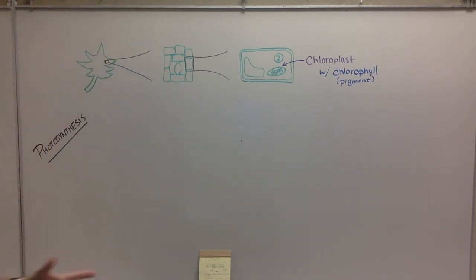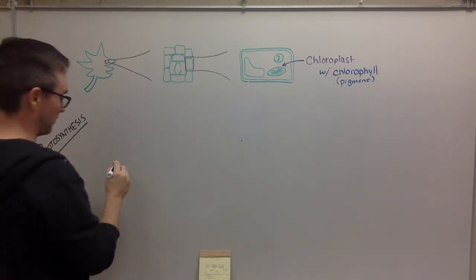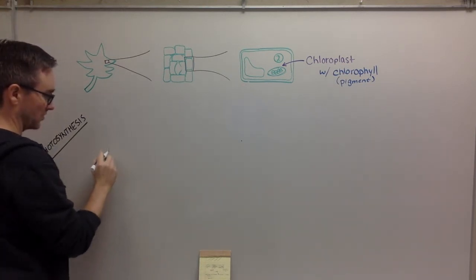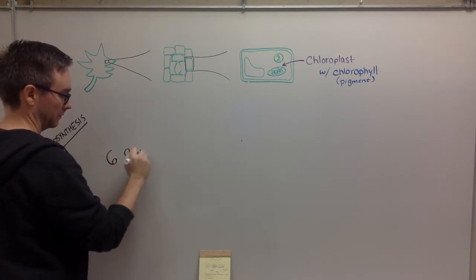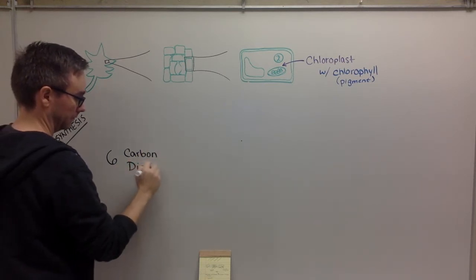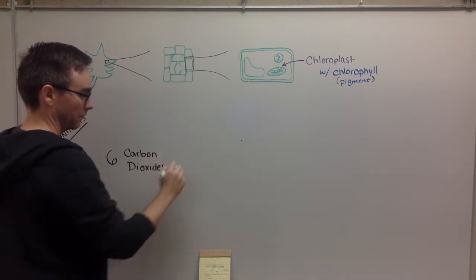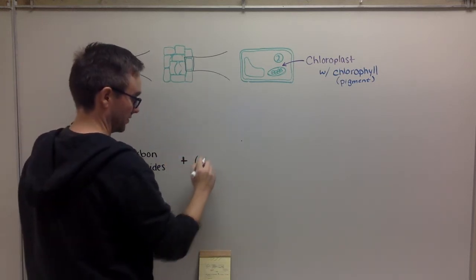As we talked about in our previous board over there, the things that are going in here are reactants. The stuff we need to make this happen is 6 carbon dioxides plus 6 waters.